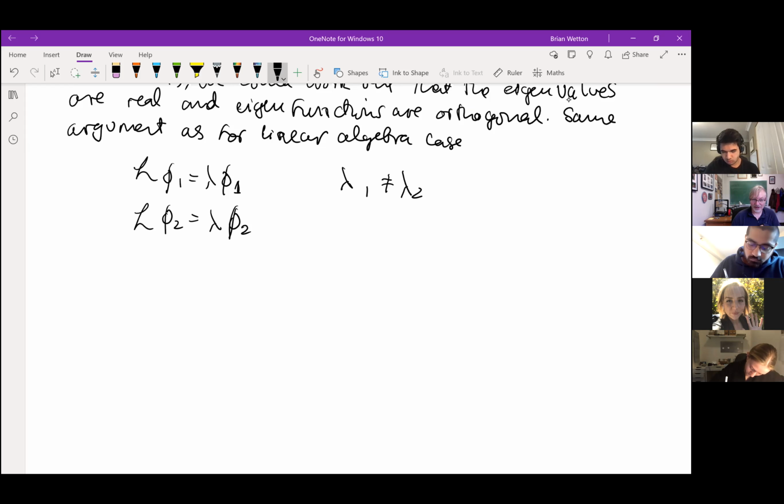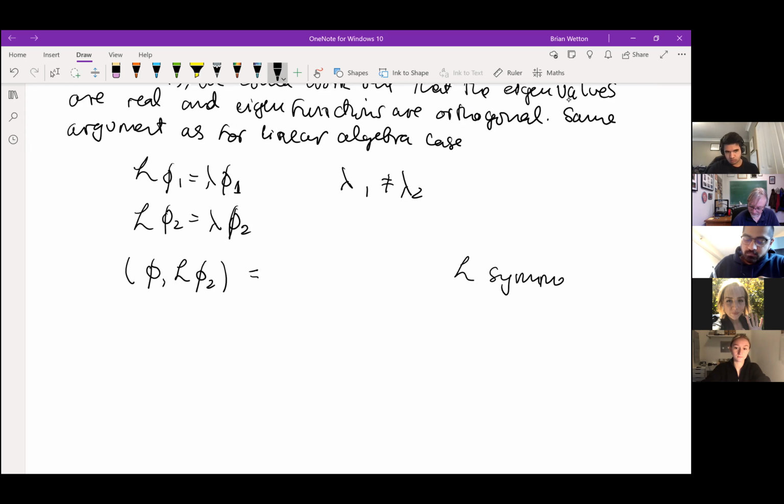We know that they're orthogonal, but I'm just showing that they are without having to actually do the Math 101 computations. So I can look at this thing, and I know, because L is symmetric, I just showed that I can take the L and put it on the other side.